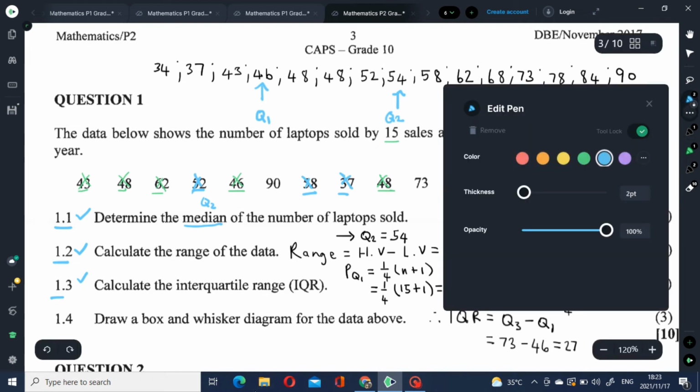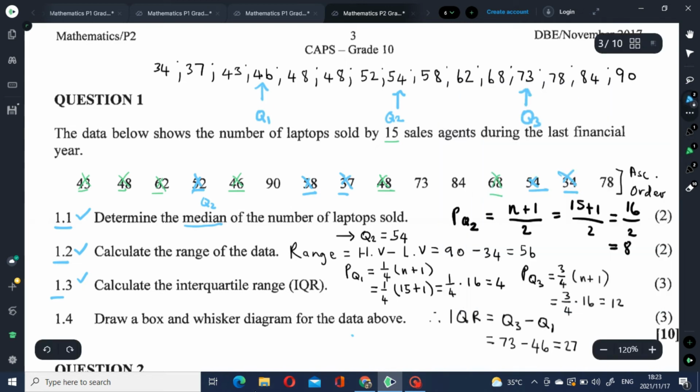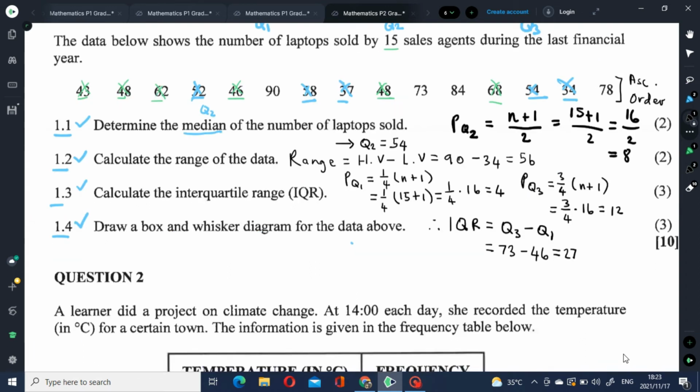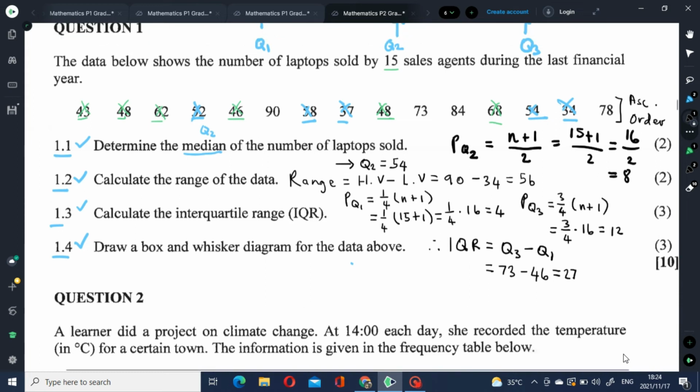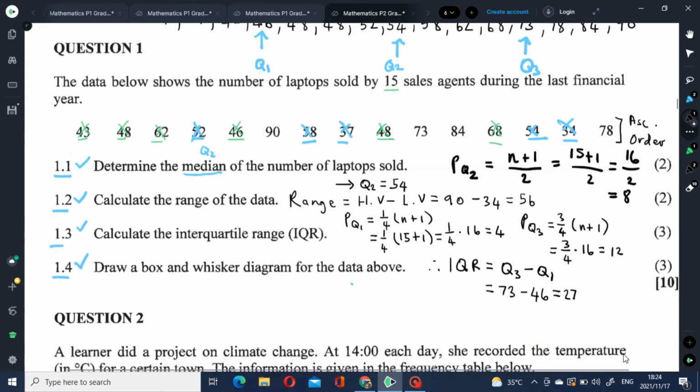And finally, the last question says we should draw a box and whisker diagram for the data above. A box and whisker diagram just gives us a 5-point summary of the data set. So important is to use a scale.